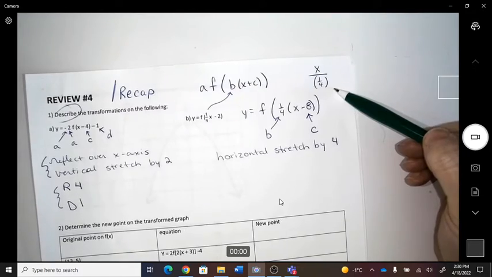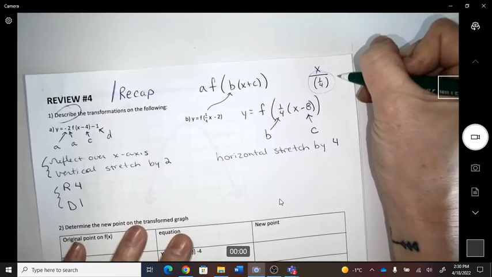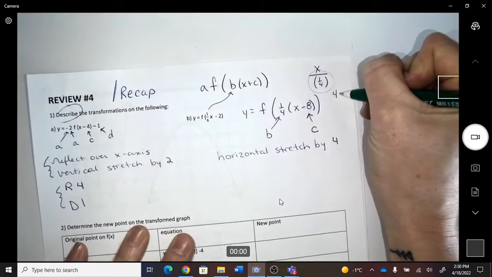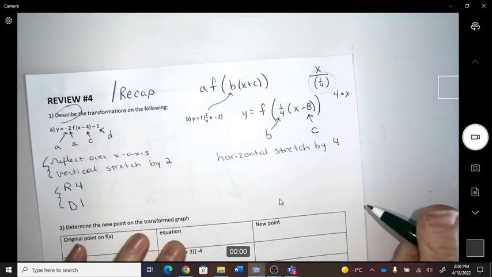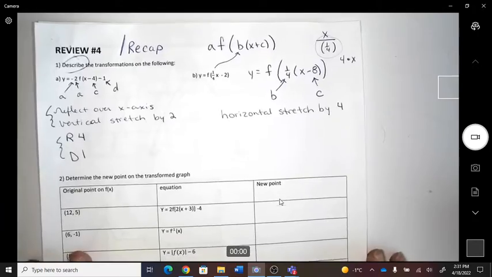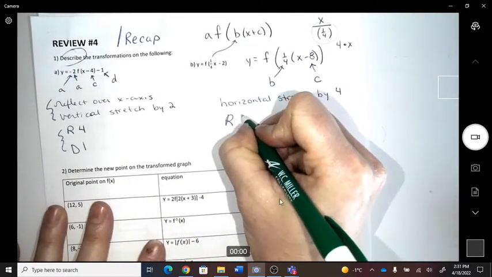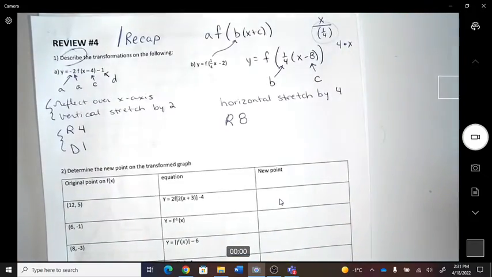When you divide by a quarter, it compresses by a quarter. But dividing by a quarter is the same as timesing by 4, which physically is actually making something bigger. So horizontally stretched by 4, and then it moves right 8.